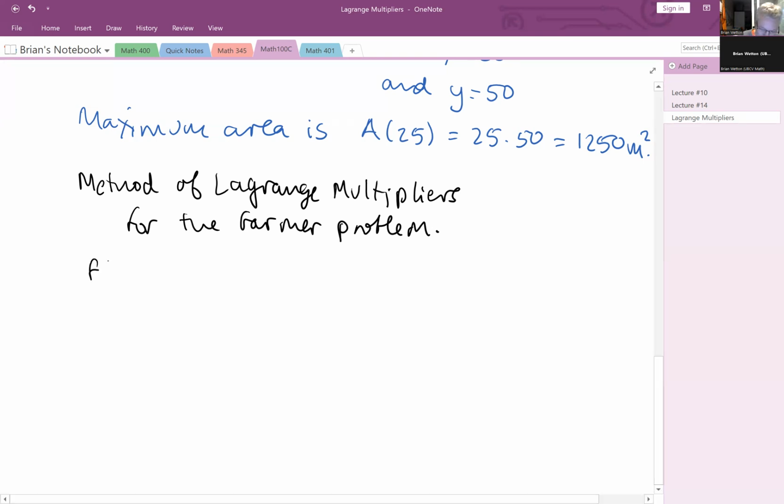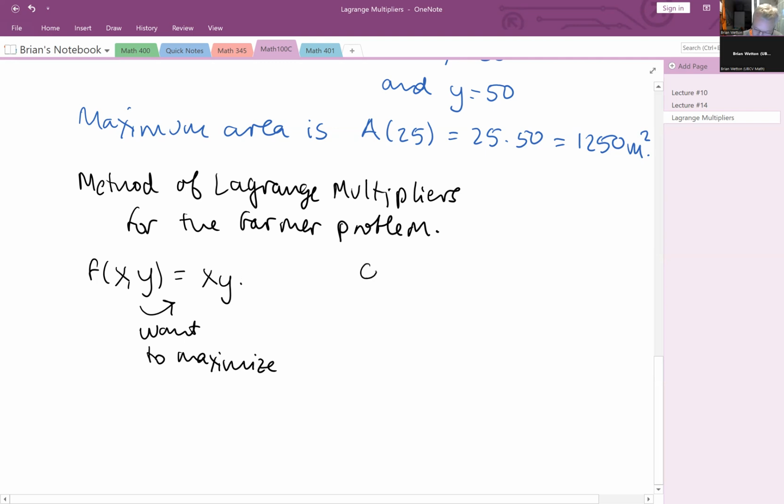So here we have our function of x and y that we want to maximize. That's this little f. It's x times y in this particular case.